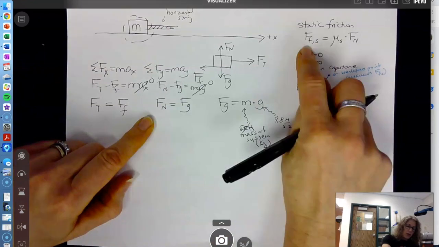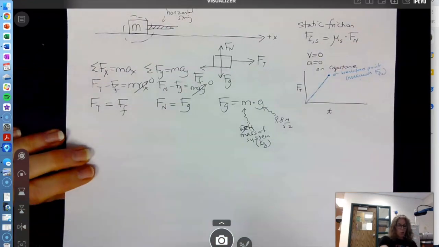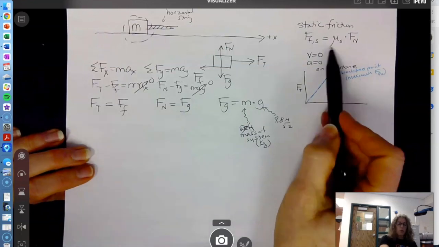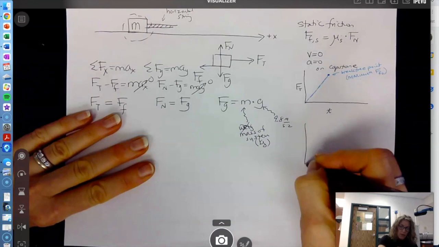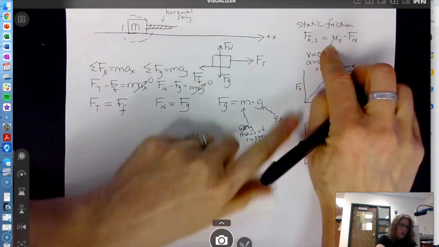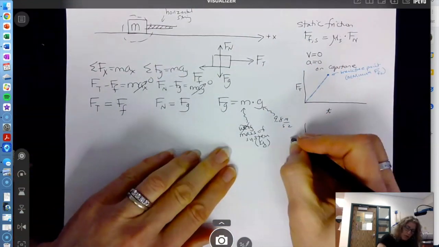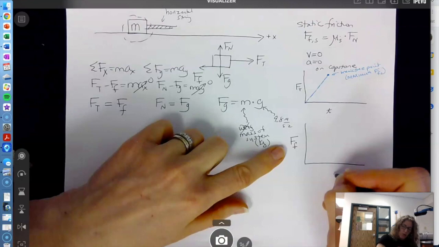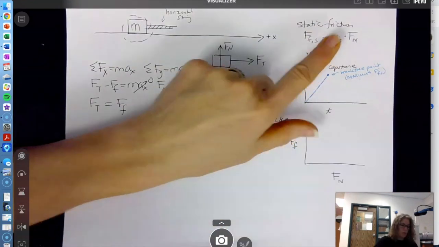So if you look at this equation, theoretically, how are we going to find this coefficient? For that, and this is our theoretical derivation, this becomes the slope of a graph of friction versus normal force. So if I put friction force here and normal force here, then this must be the slope.